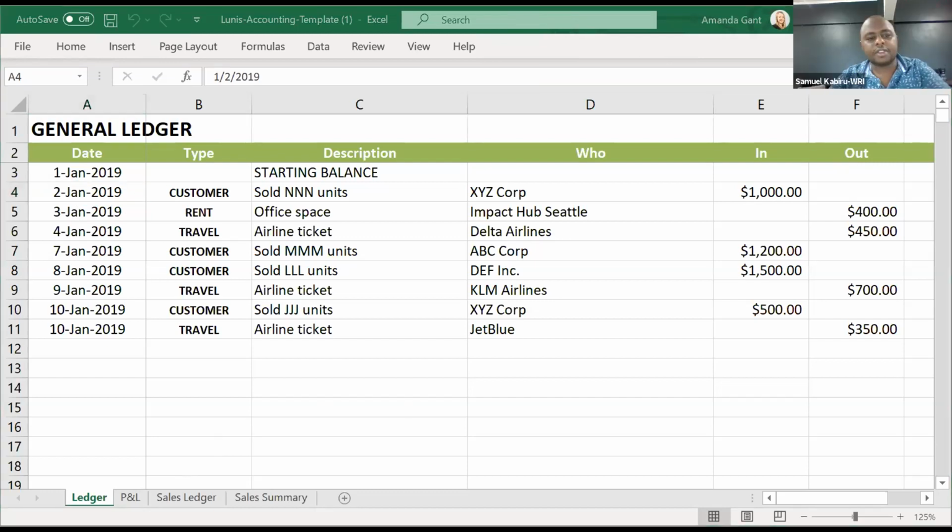Yeah, thanks Amanda for explaining. I believe now it's clear for the general ledger. And my assumption is just in case you don't have a computer or you don't have access to Excel, I believe this is equally doable. You can prepare this, for example, in a book.